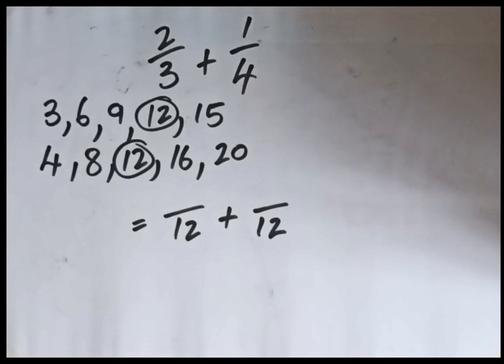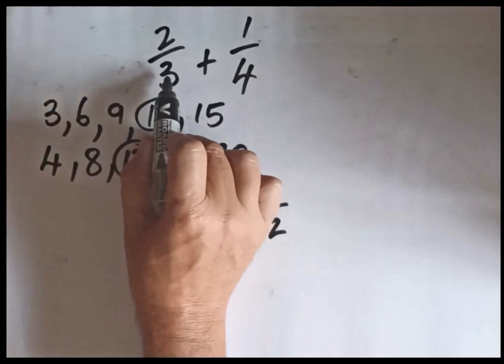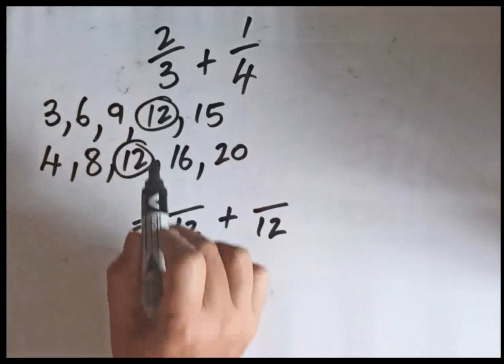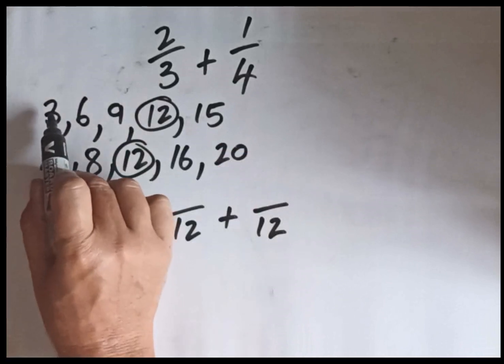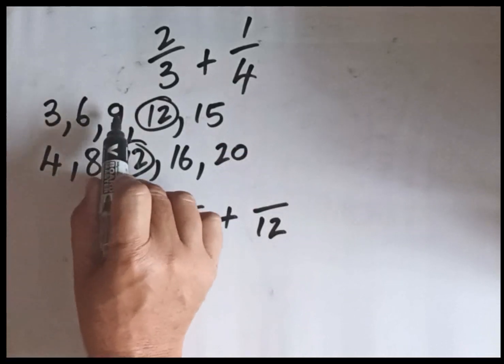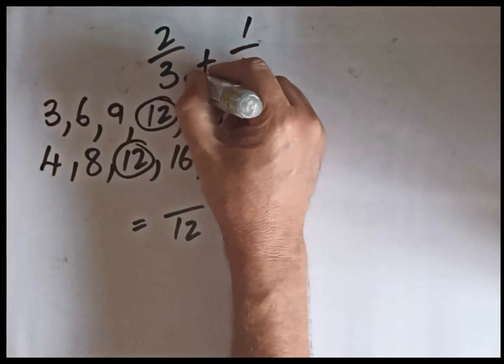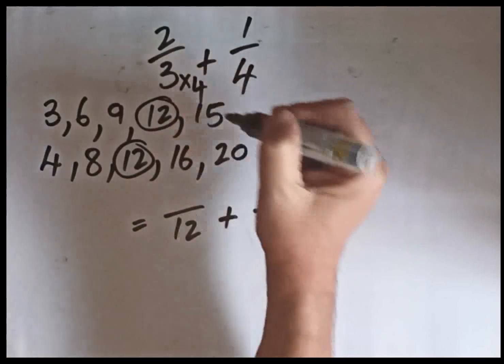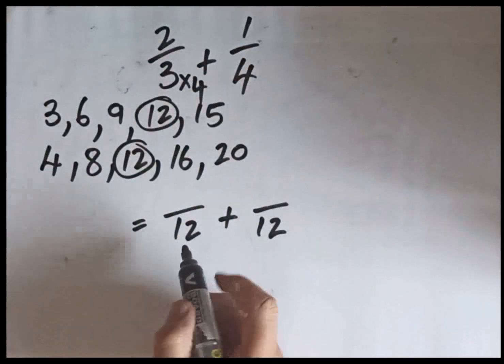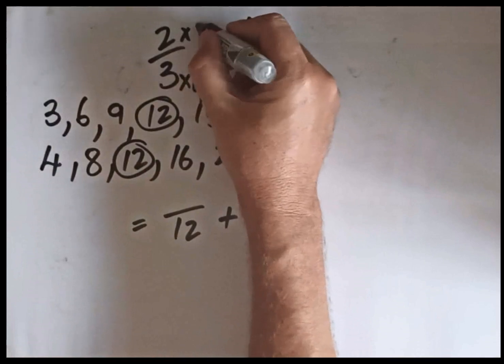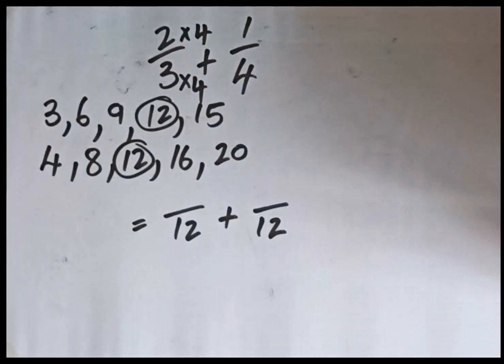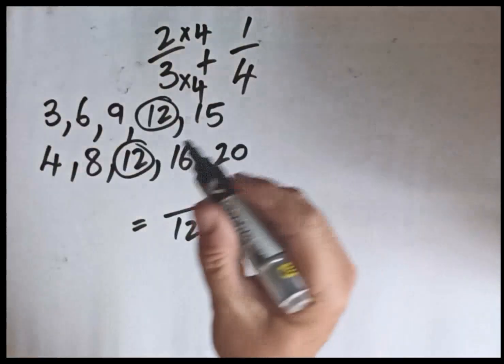So now we ask the question, with what did we multiply 3 to get 12? And we can look at the multiples. There are 1, 2, 3, 4. So we multiply 3 by 4 to get 12. Remember what we do at the bottom, we do at the top. With what did we multiply 4 to get 12?